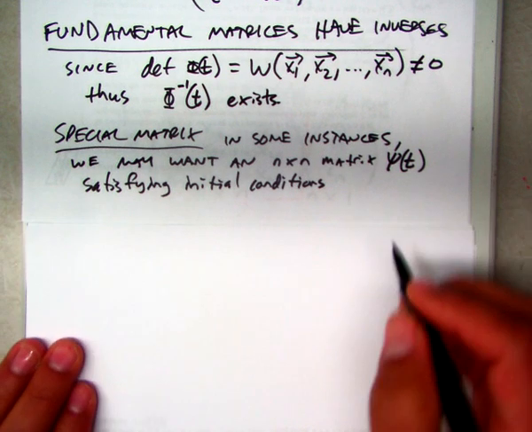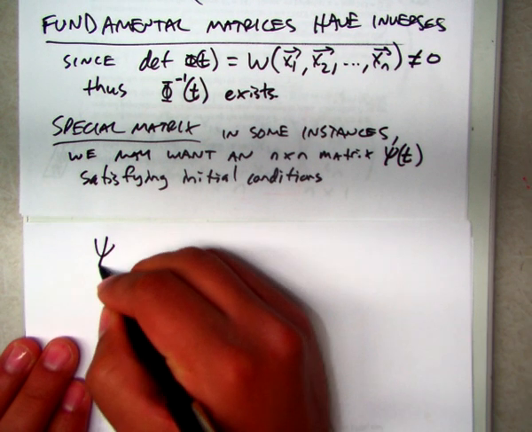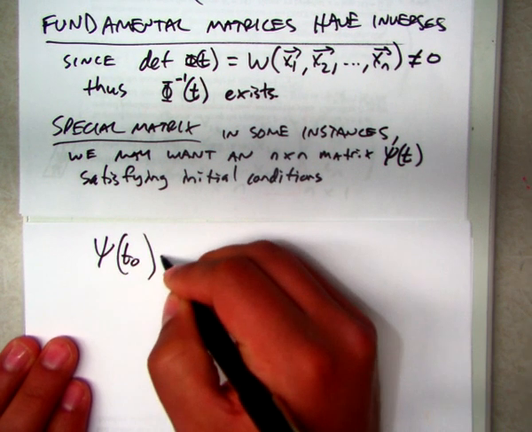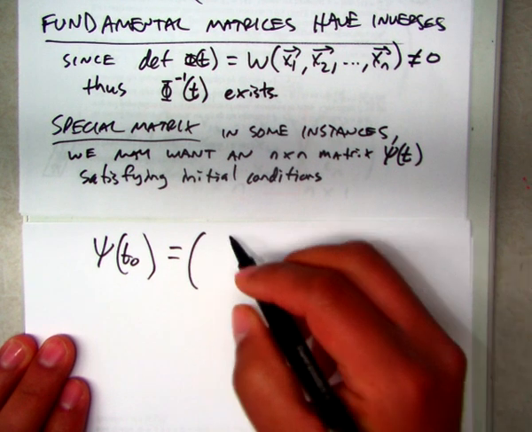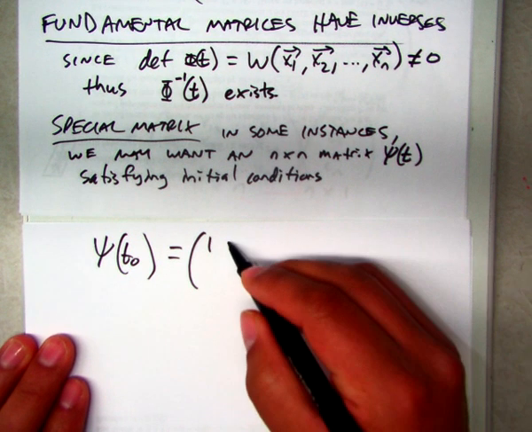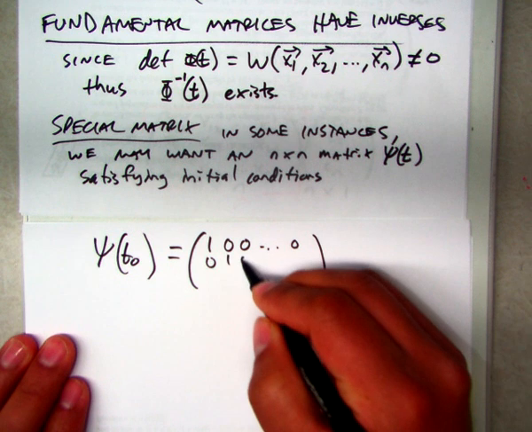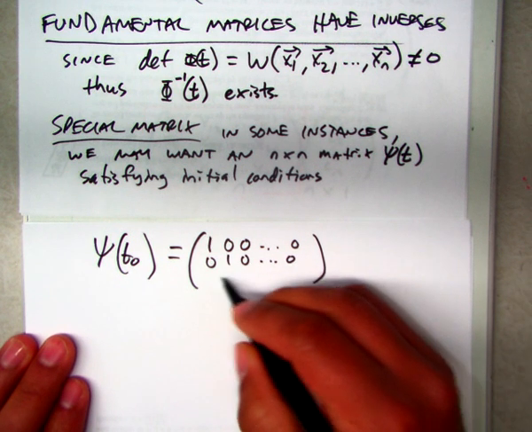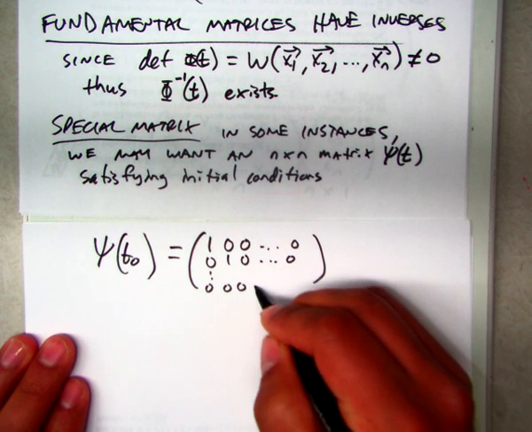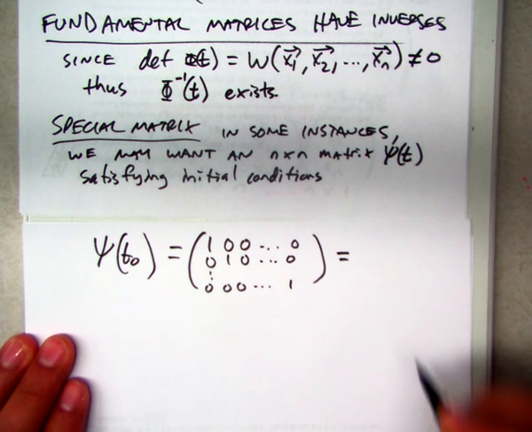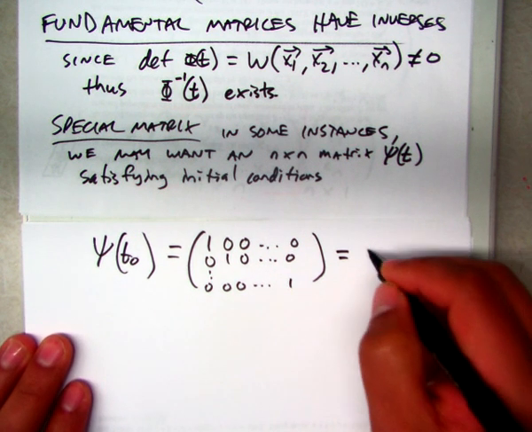And those initial conditions produce a matrix that looks like this: 1, 0, 0, and so on. 0, 1, 0, and so on. 0, 0, 0, and so on, 1, which we call the identity matrix.